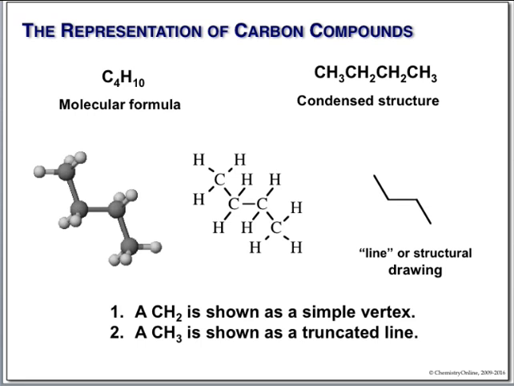This is important because most of the structures that we'll see will be represented as line drawings or modified line drawings. You don't show the hydrogens, but every carbon has as many as it needs to get to 4.